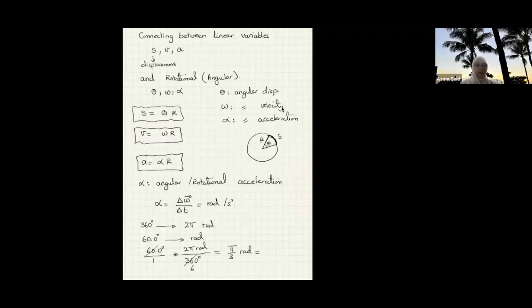You can leave it like this if you were not asked about the actual number. Or you can go to your calculator, find pi, divide it by 3, and get that in decimals.